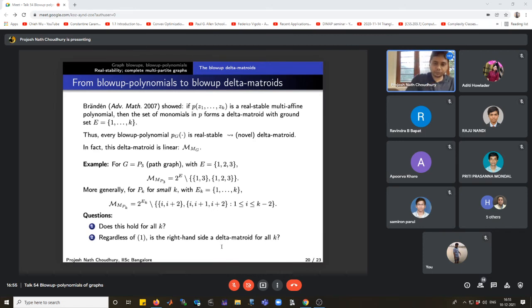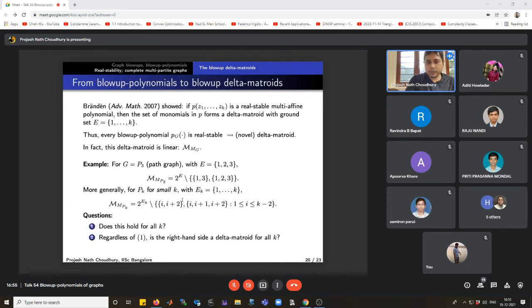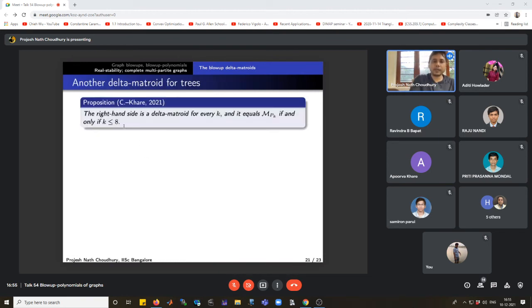So the coefficients of the monomial n_i plus 1 to n_i plus 8 in the block polynomial of a path graph on more than 9 nodes is 0. So this gives us that the left hand side is a strict subset of the right hand side, and here is our result: the right hand side is indeed a delta matroid, and it is equal to the left hand side if and only if k is less than or equal to 8.